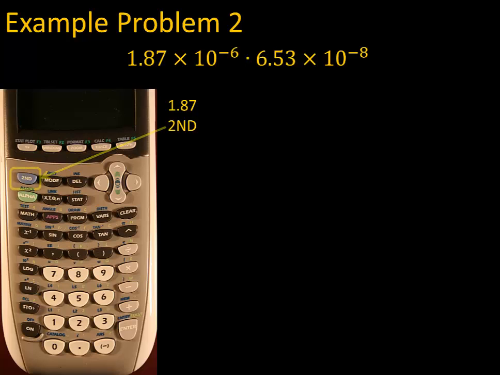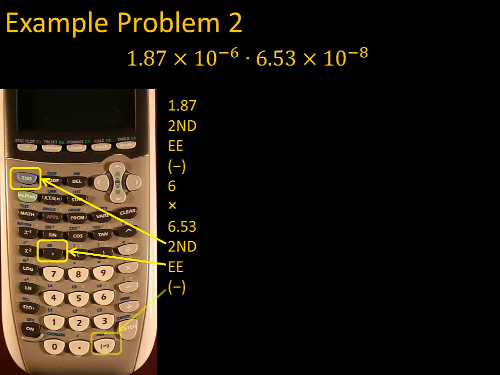1.87, 2nd, EE. Now, this number has a negative exponent, so we need to enter the minus sign wrapped in parentheses, and then 6 for the exponent, times 6.53, 2nd, EE, another negative exponent, so again we use the minus sign wrapped in parentheses, 8.